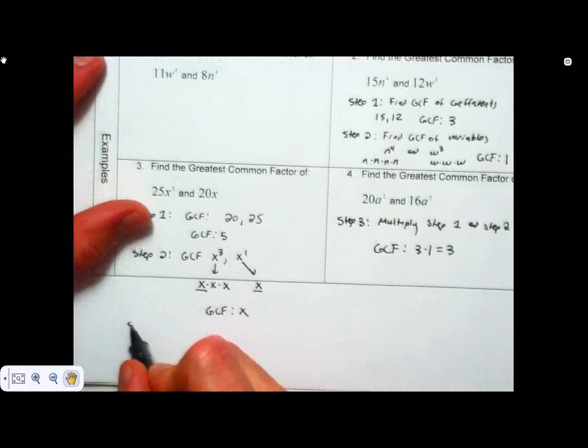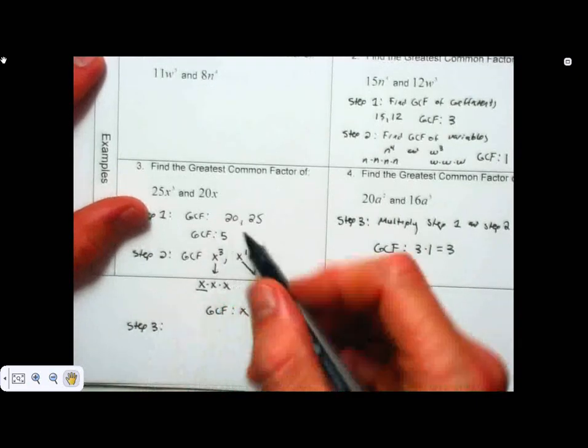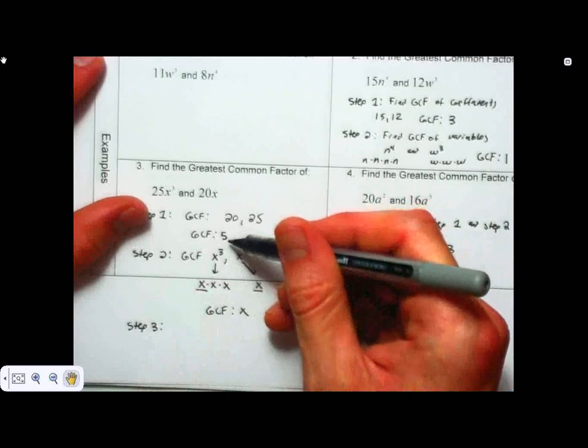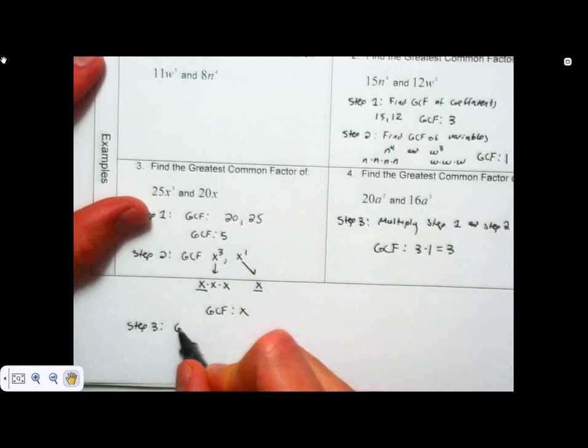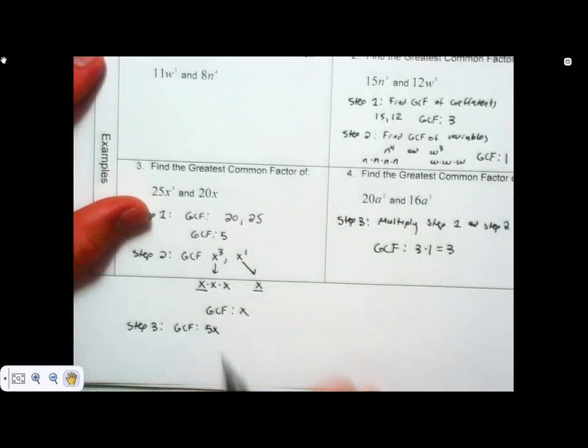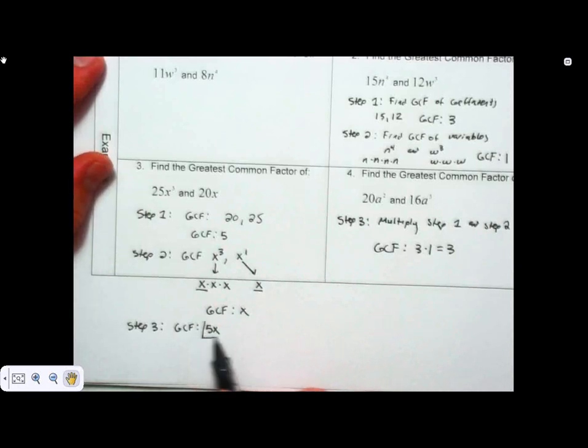Then step 3 is I just multiply my answers from step 1 and step 2 together. So my overall GCF is going to be 5 times x, which I could write as 5x. So the answer for number 3 is 5x.